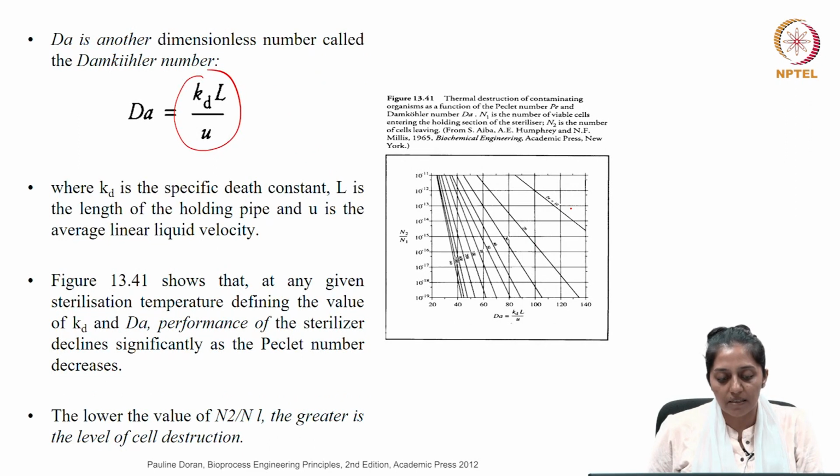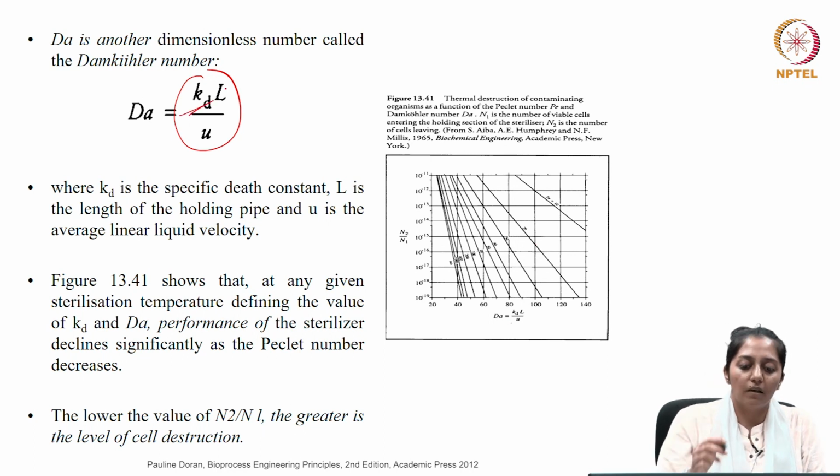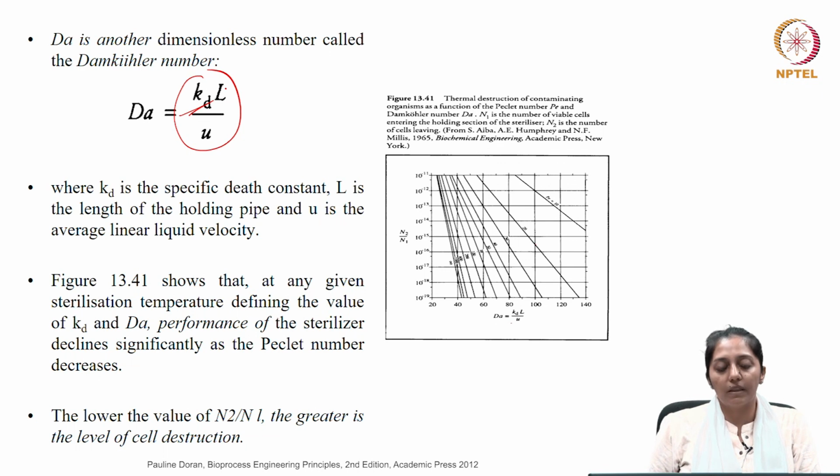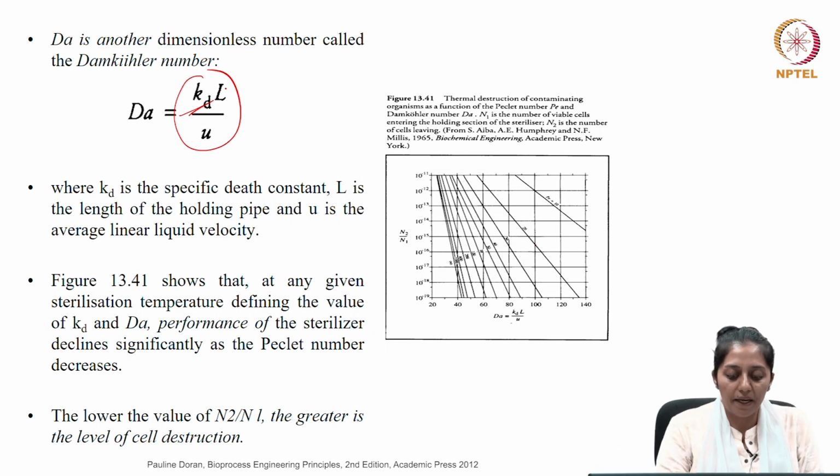At a given sterilization temperature, which would define your Damköhler number, as Kd would be a function of temperature, given the length of the holding section and the linear liquid velocity, this N2 by N1 will be lower, which means better sterilization, greater level of cell destruction, with higher Peclet numbers, which means lesser axial dispersion.